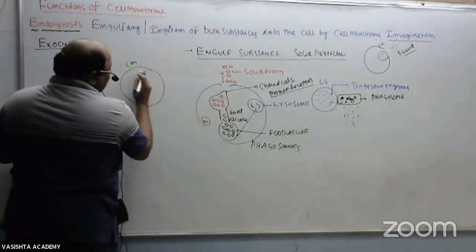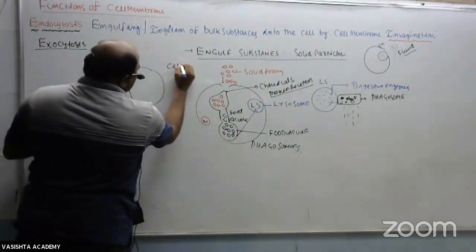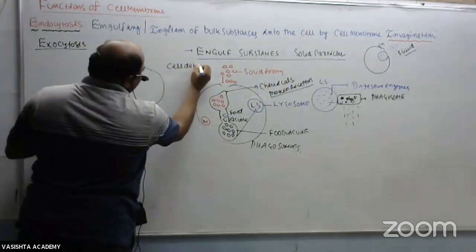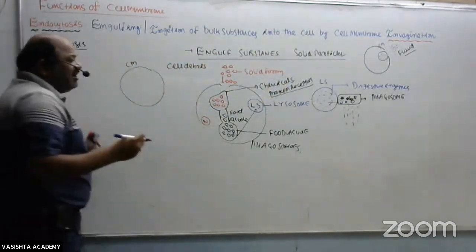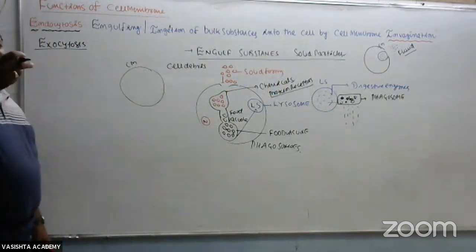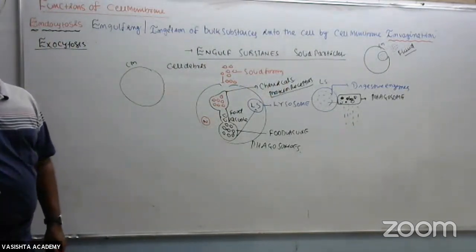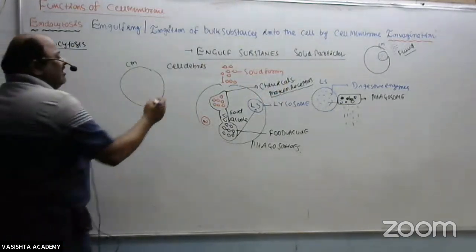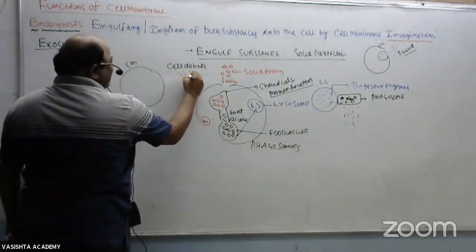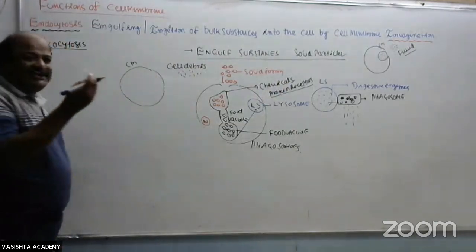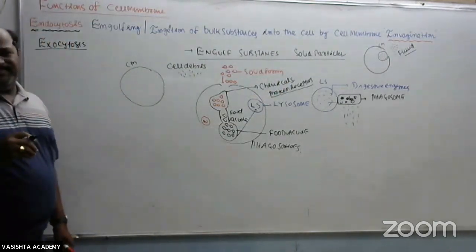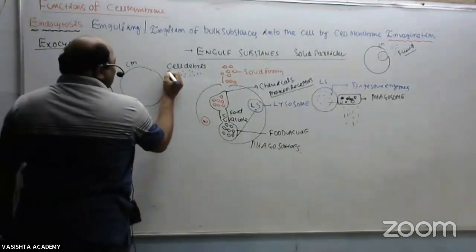It takes inside cell debris. What does cell debris mean? When the cell is being formed, all the structures are not clearly formed. They are formed incompletely. Hence that is called cell debris. So they take that cell debris.